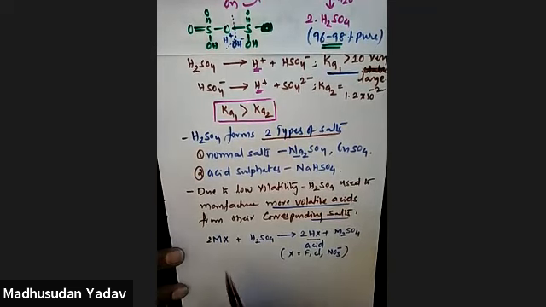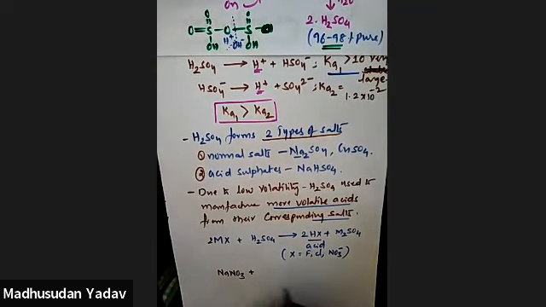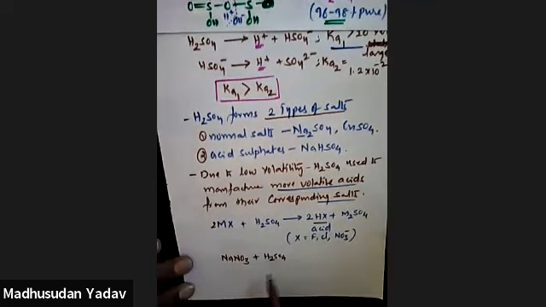Suppose I take NaNO3, sodium nitrate, a corresponding salt, on reaction with sulfuric acid. For this equation, I am taking an example, guys.